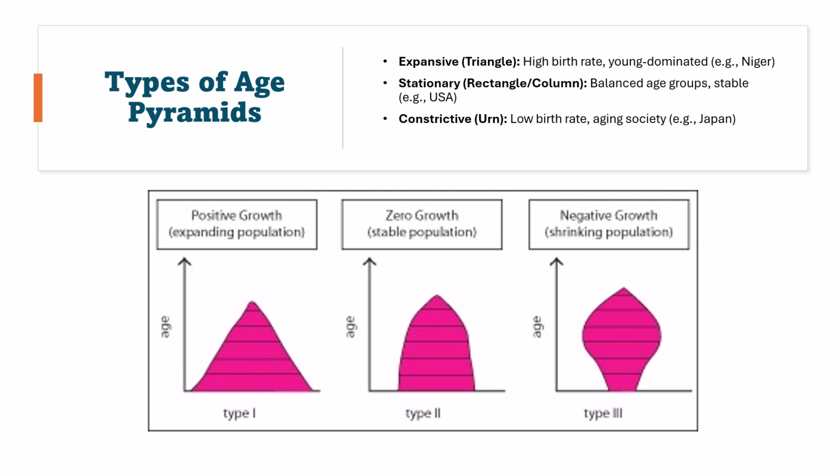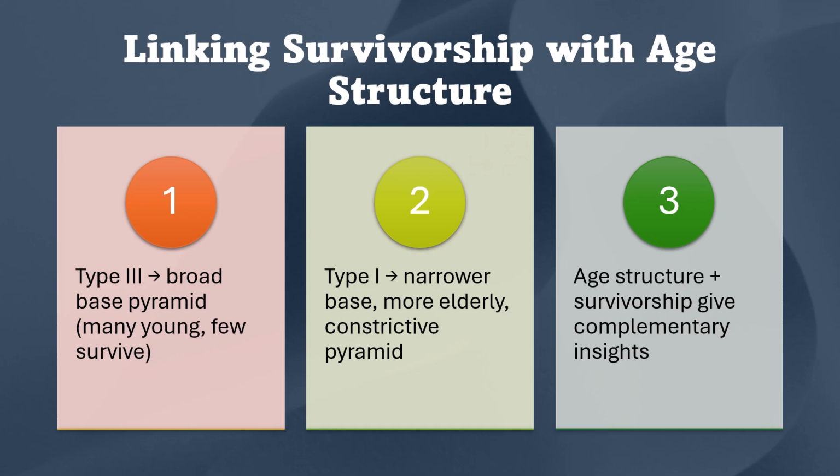Type 1 shows exponential or expanding growth, type 2 shows a stabilizing type of growth, and type 3 shows a dying population. In future, the number of individuals will drastically reduce.